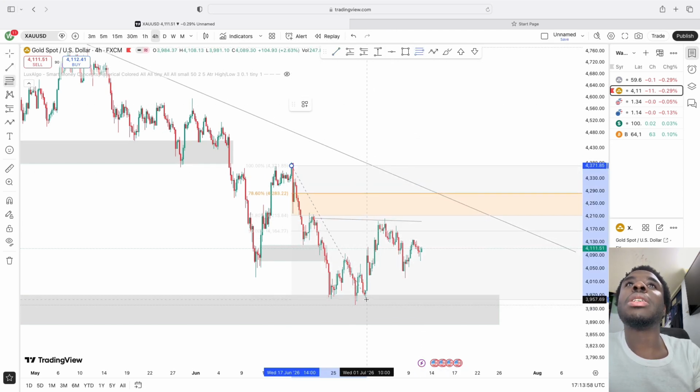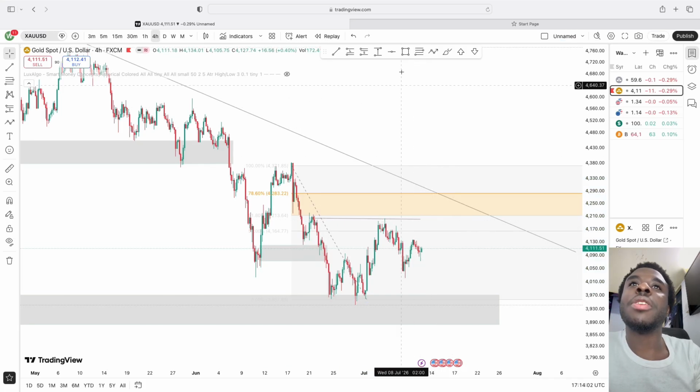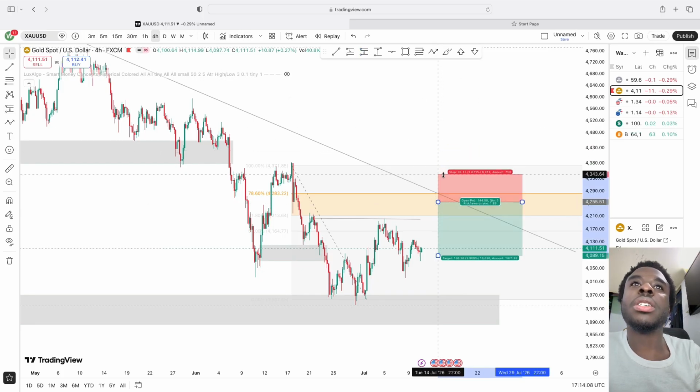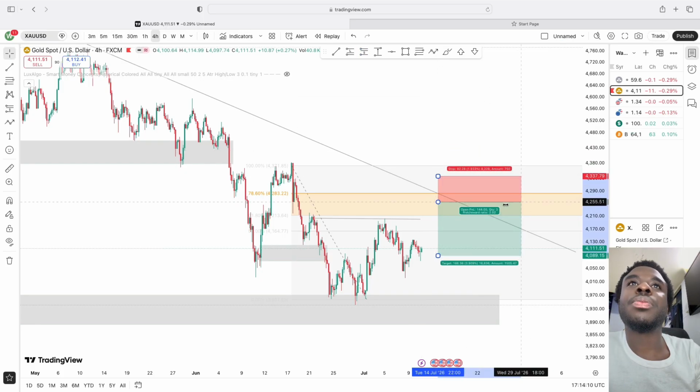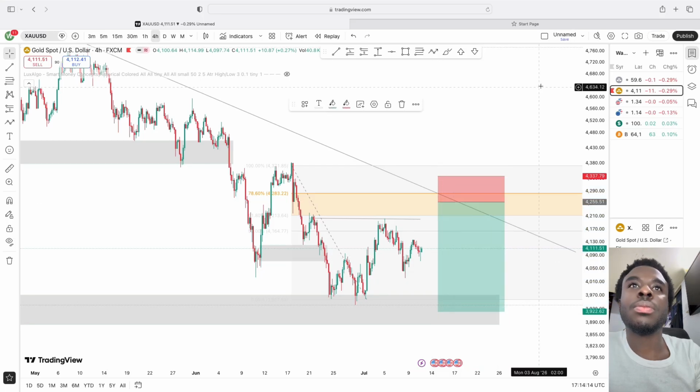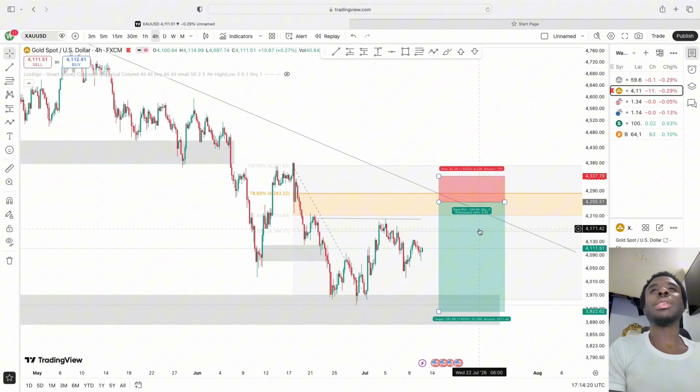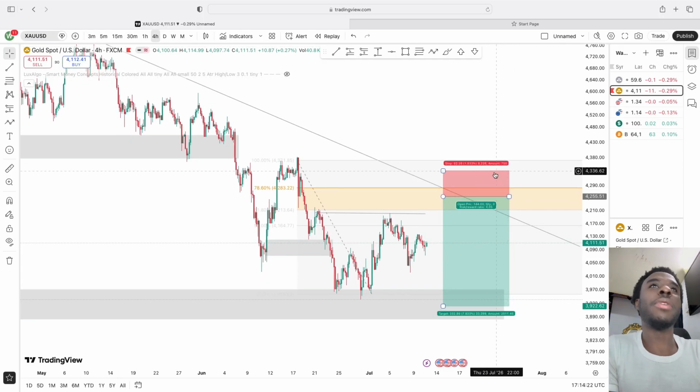Then if price clears the equal highs, we will take our position over here, put our stop loss over here, and we'll target this side. Simple as that.